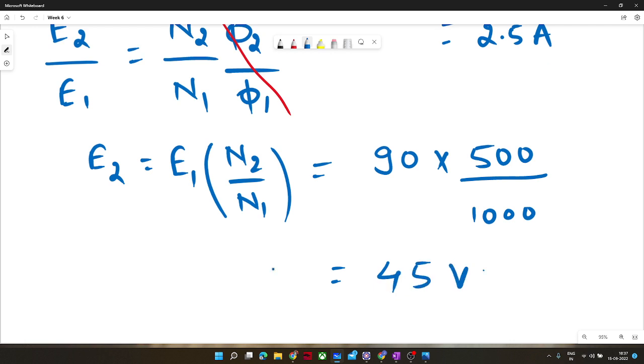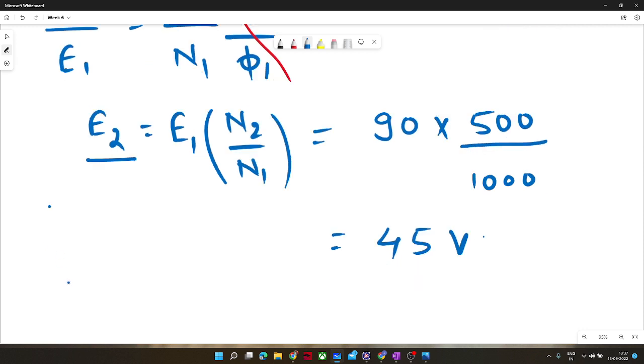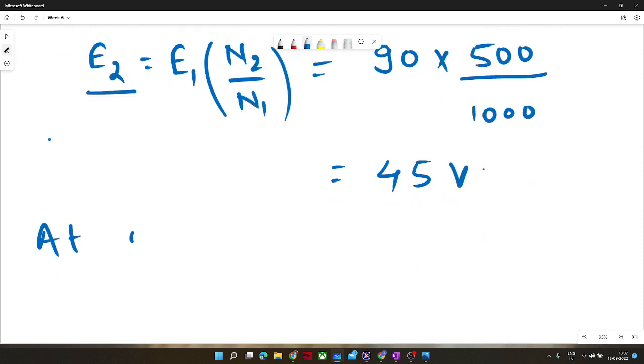So we completed both objectives: to calculate the armature current and back EMF at the speed of 500 RPM. Now we need to calculate our armature voltage. Armature voltage would not be equal to back EMF. Why? Because we need to decide how much voltage to apply so that the motor runs at 500 RPM. At 500 RPM, its induced EMF would drop to 45 volt.